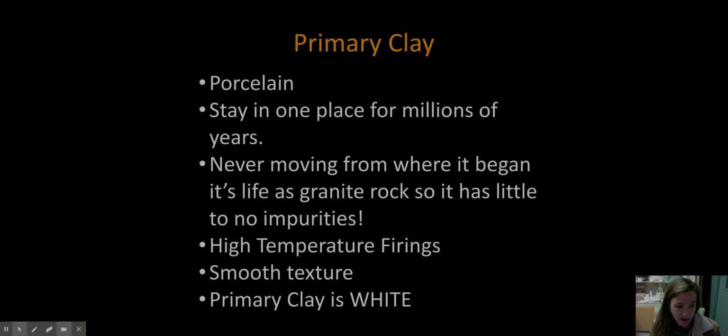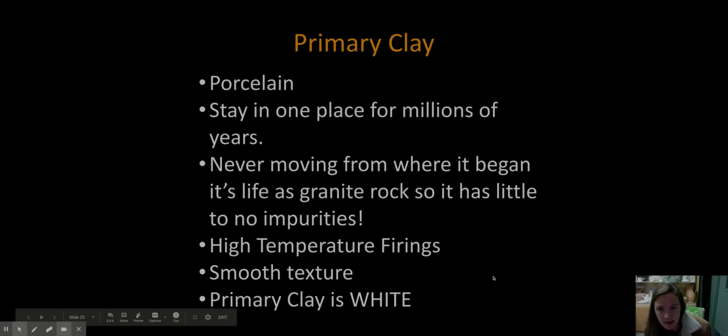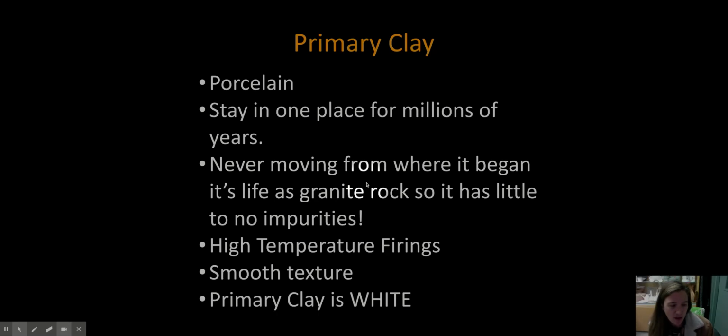First, there's primary clays. And primary clays are most commonly, basically always, called porcelains. The reason porcelain is white is that the granite rock it comes from has never really moved from where it began its life, and so it has almost no impurities.